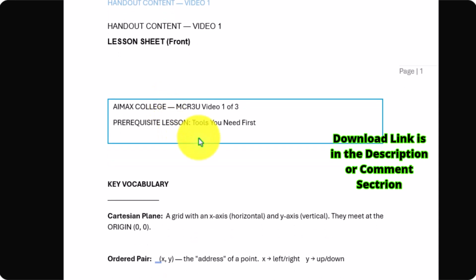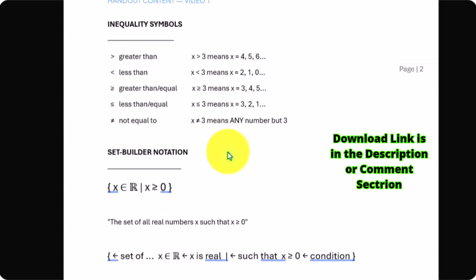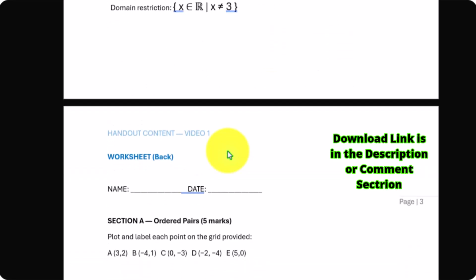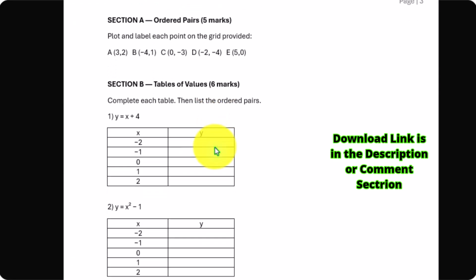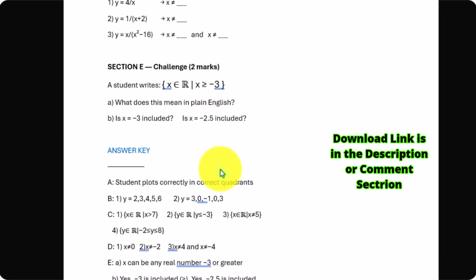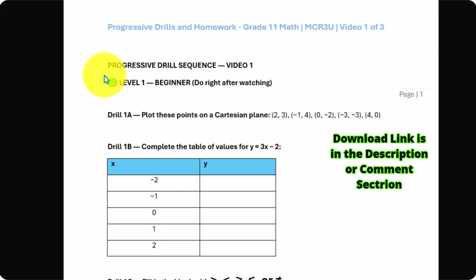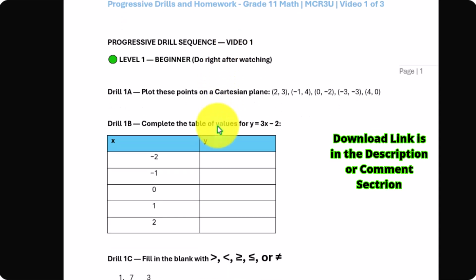This is your handout for today's lesson. And there are some exercises with answer keys so that you can try. Also, you are given some progressive drill sequence for video 1, today's video, and this will be continued for each and every video.